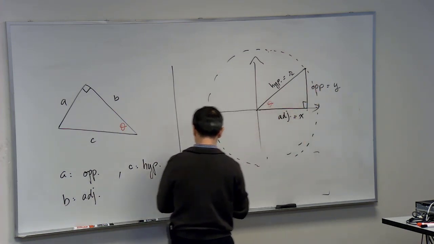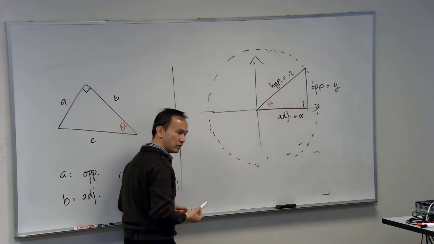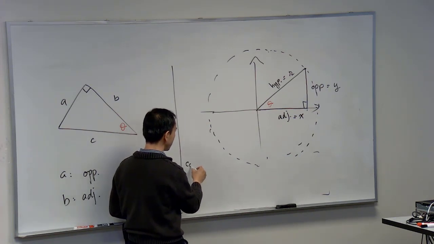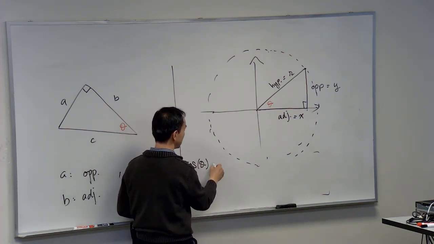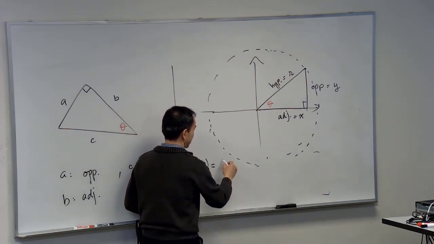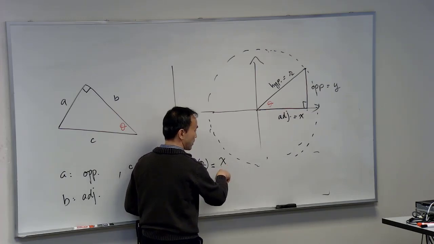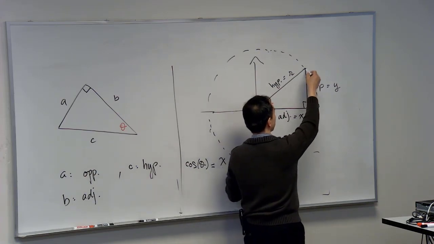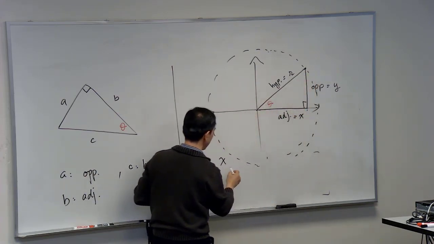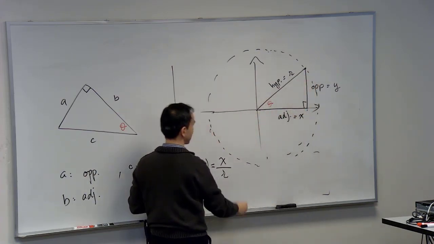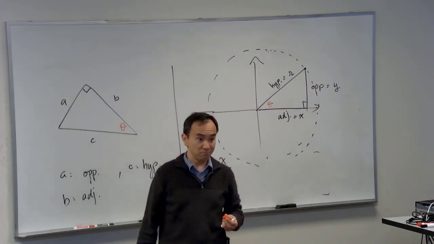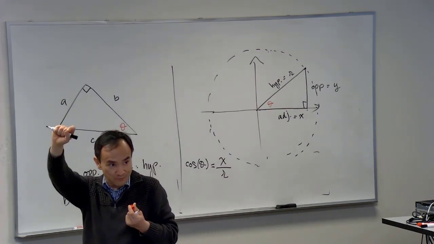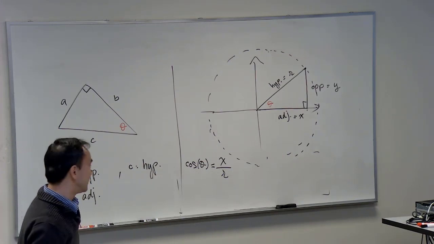From our earlier learning, the cosine of the angle theta is x, the x coordinate of our terminal point, divided by r, the radius of the circle, or how far it is from the terminal point to the origin.